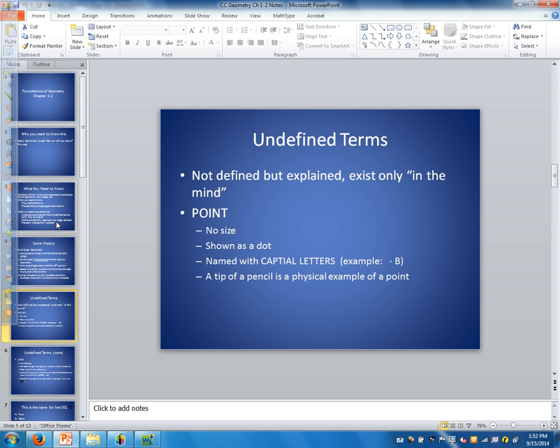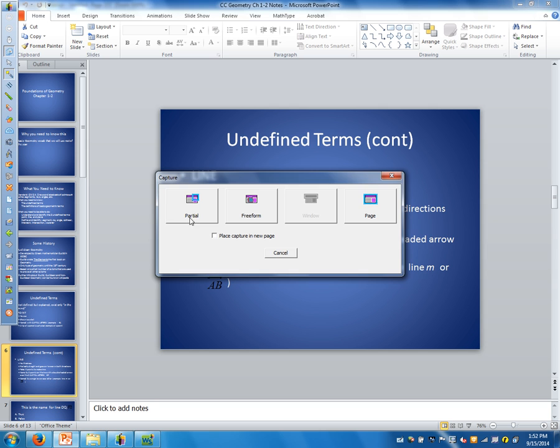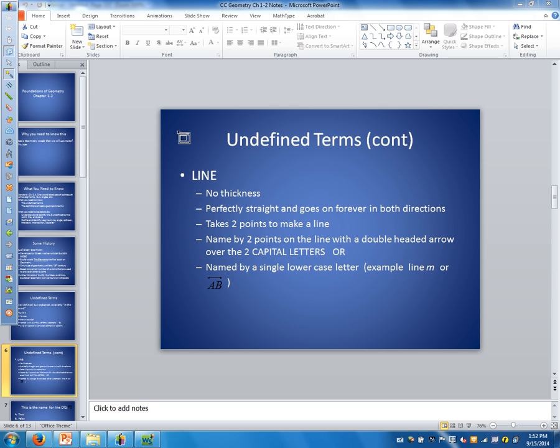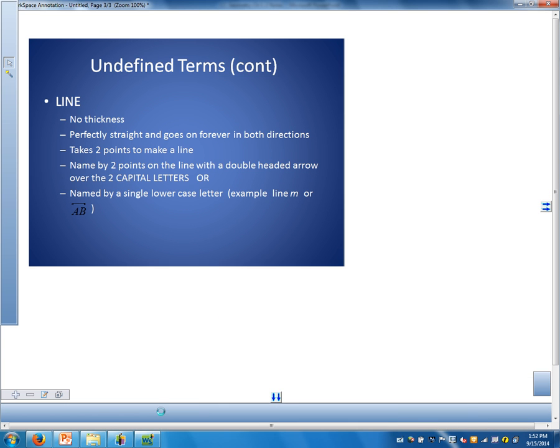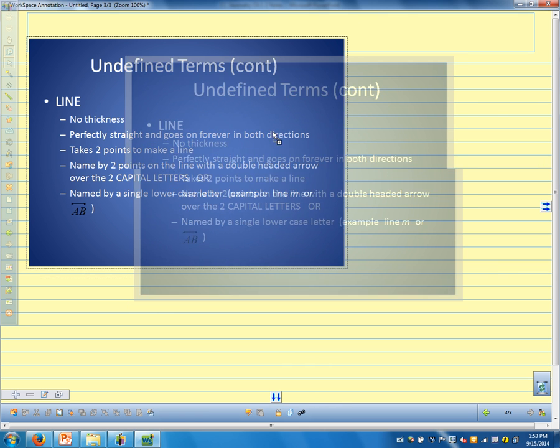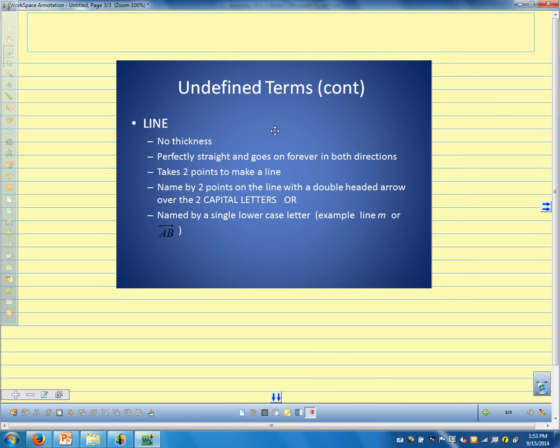All right, our next undefined term is a line. So that's going to be your term. In your middle there, important characteristic, it's undefined. It doesn't have a technical definition. Another important characteristic, it has no thickness. So it's perfectly thin.